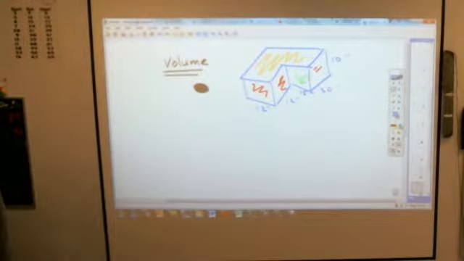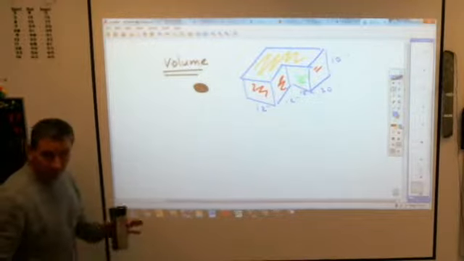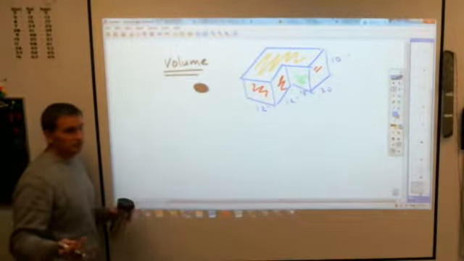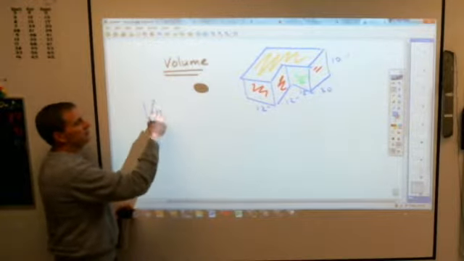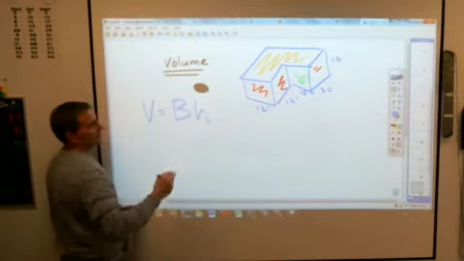If you see this problem on your assignment, or in the book, the first thing you'll do is write the formula, which is a simple formula. Volume equals capital B times height.